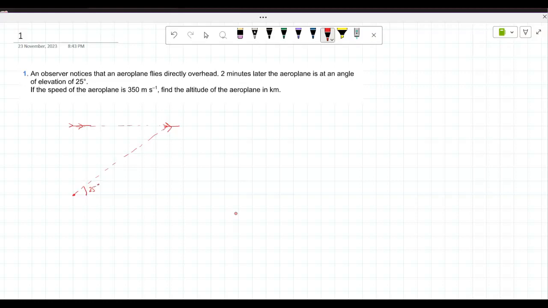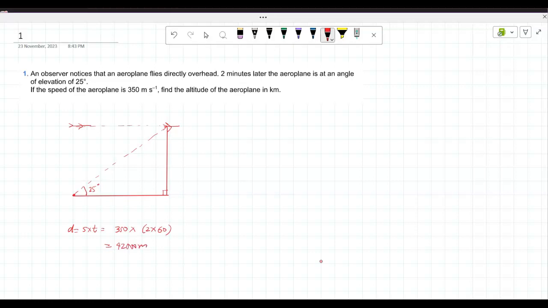So 2 minutes later, distance is speed into time. Speed is 350 meters per second into time is 2 into 60. So 42,000 meters is the distance traveled by the aeroplane.